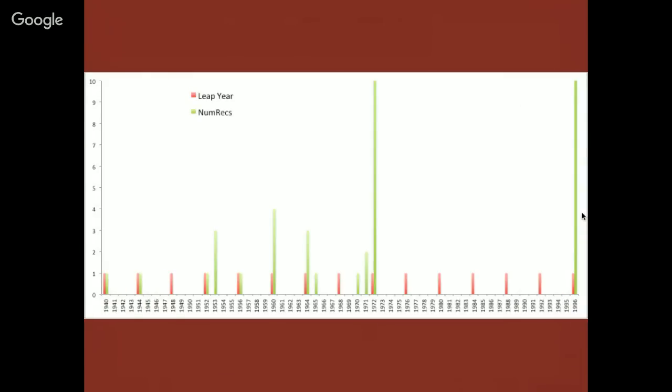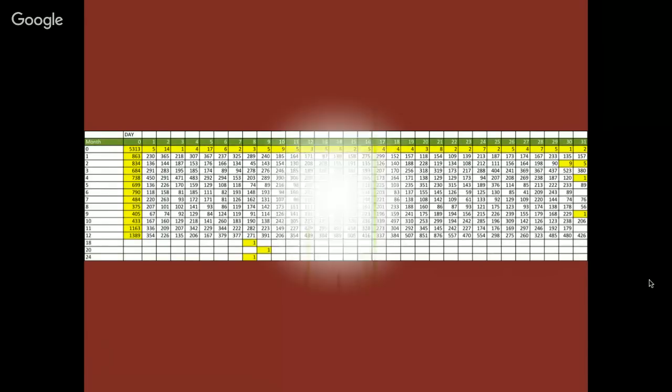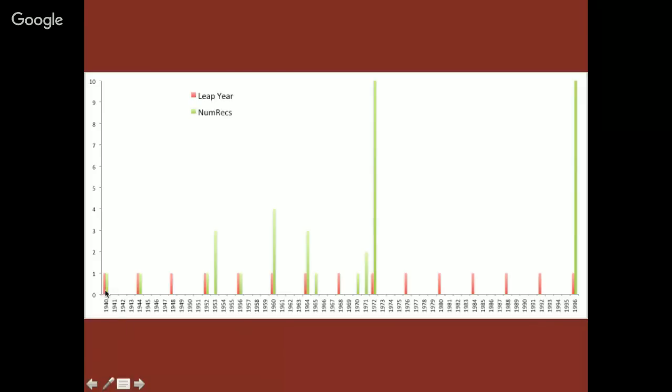But then I can go one step farther. Notice these 90 February 29ths. And okay, it's a good low number compared to 198 for February 28th, because we know that leap year occurs only every 4 years. So I simply looked at the interaction between records of February 29th and the year. And so 1940 was a leap year, and we have 1 record on February 29th that year, and 44 and 48 and 52.